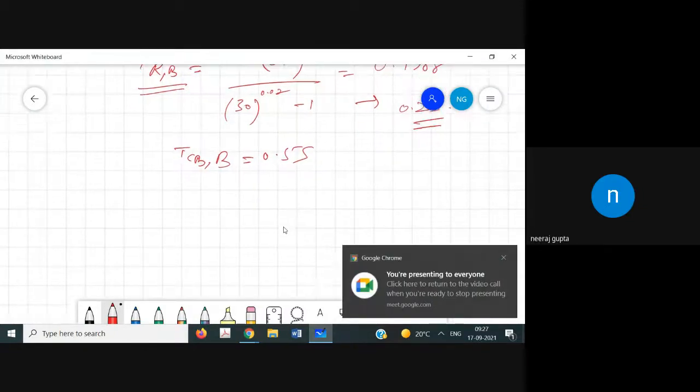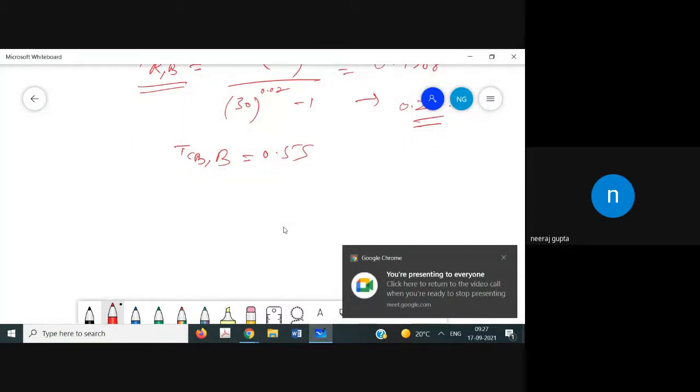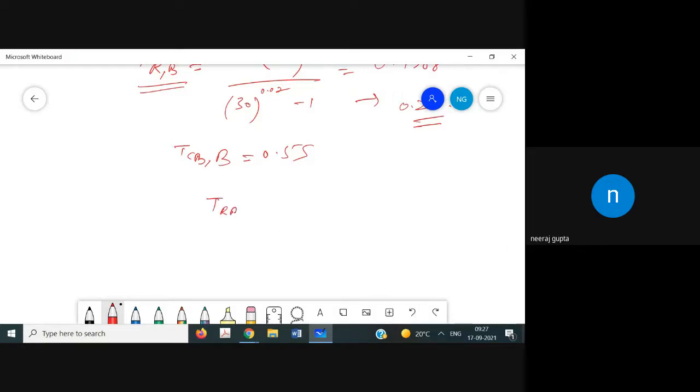So the total time is TRB plus TCB, the circuit breaker time across B, the summation of the two, that is 0.2 plus 0.5 equals 0.7. So 0.7 seconds it takes.